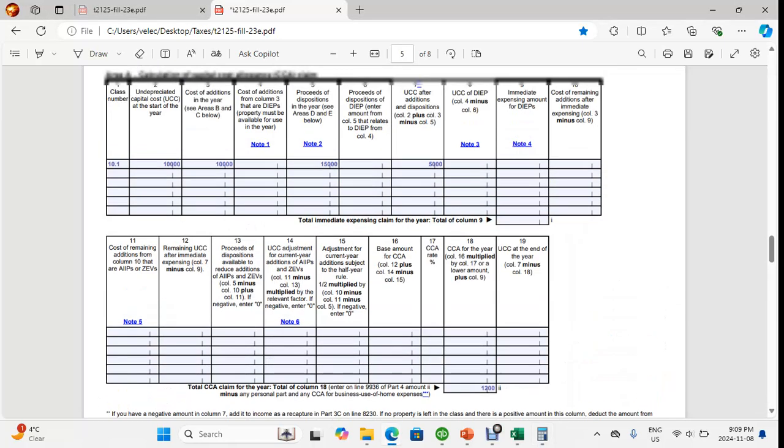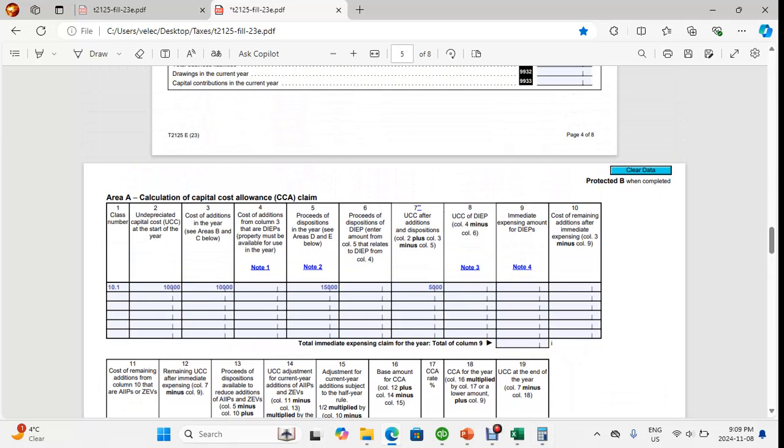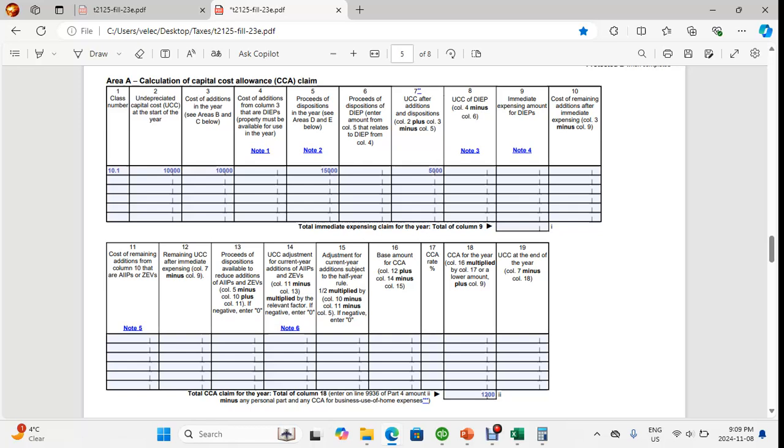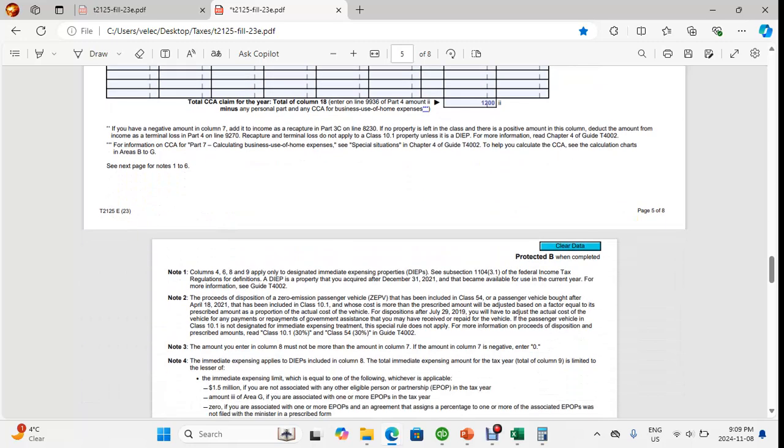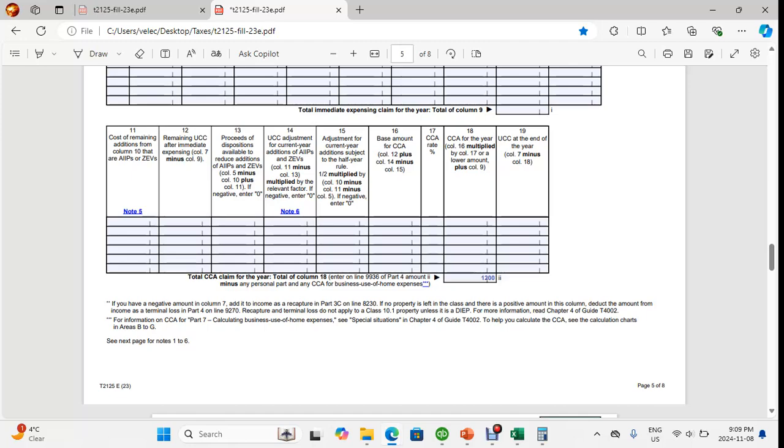So your CCA rate is 30%, and based on the half-year rule, when you got 5,000, you multiply 5,000 by 30%. That's how you get $1,500. The allowable portion is 80% for motor vehicles, so you will add $1,200 in this box over here, which is your column 18. So your CCA claim for the year, or total for column 18, will be $1,200.